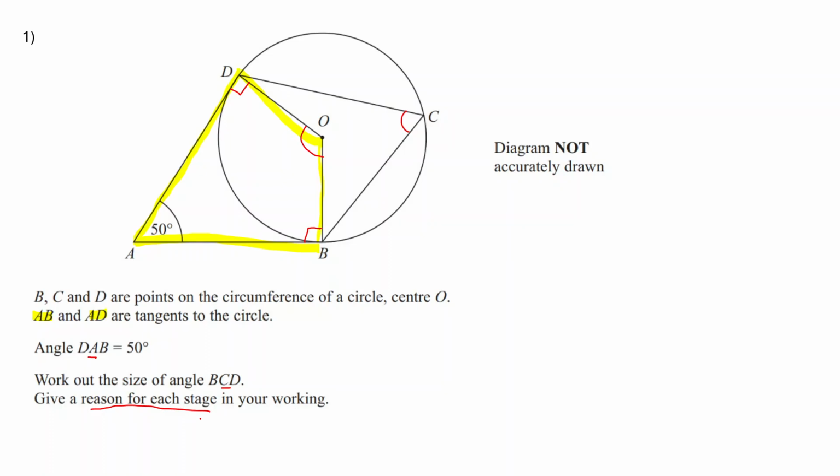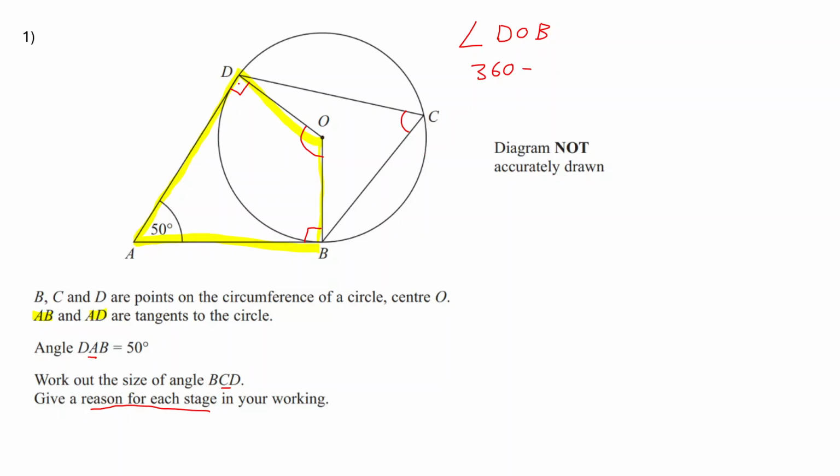So let's work out angle DOB. I could have called it angle BOD, it doesn't matter, as long as the O is in the middle. To get this angle, I can do 360, because angles in a quadrilateral, a 4-sided shape, add to 360, this yellow shape I've got here.